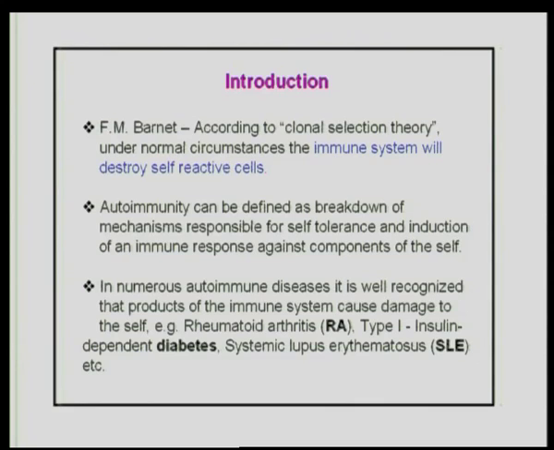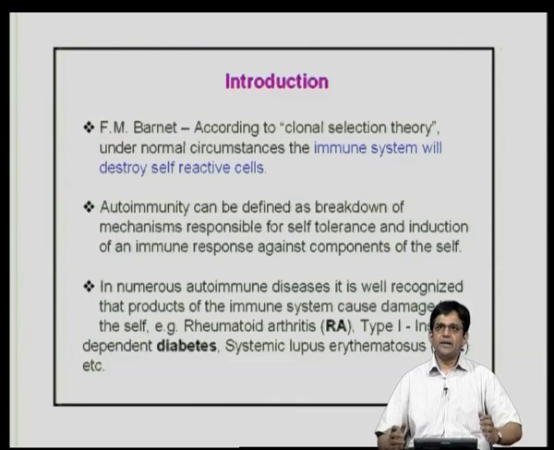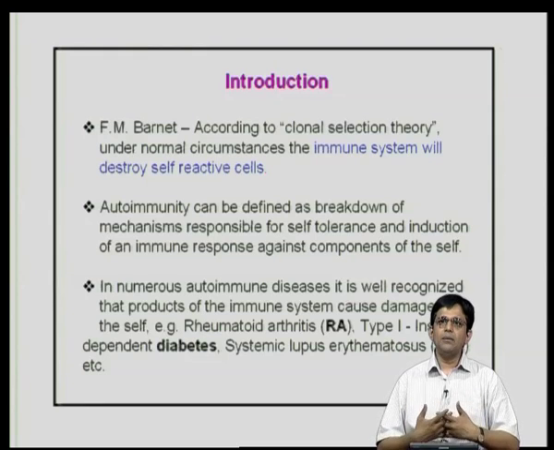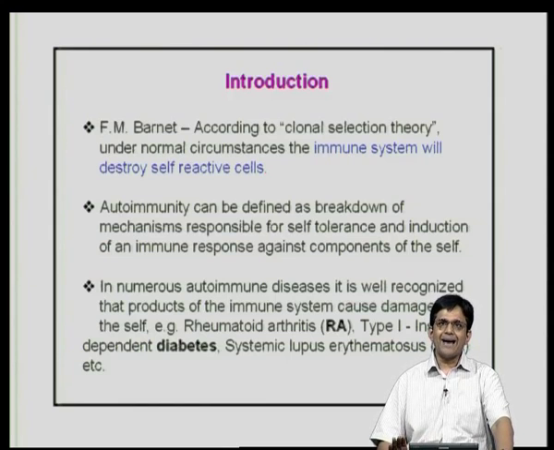So, if you see in the first slide, Burnet, the famous Macfarlane Burnet, when he coined the clonal selection theory, one of the tenets of the theory dealt with how the host is able to protect itself from receptors that might recognize self, and this was dealt with in the aspect of tolerance, whereby immune receptors against self would be eliminated, so that the host does not generate a response against itself.